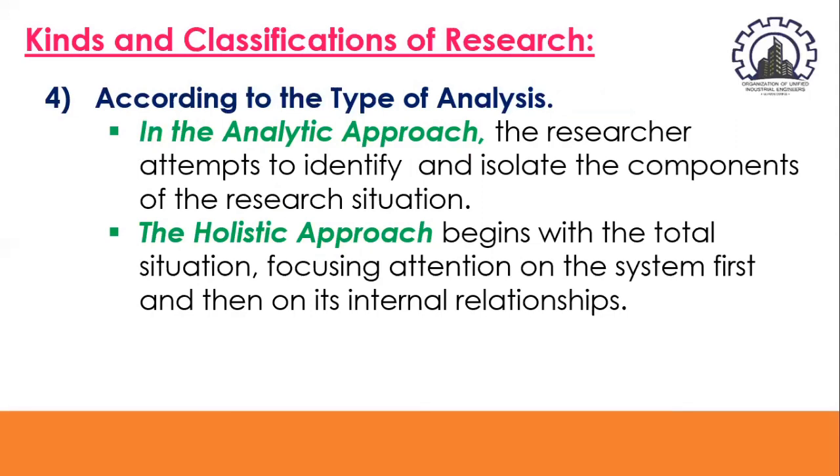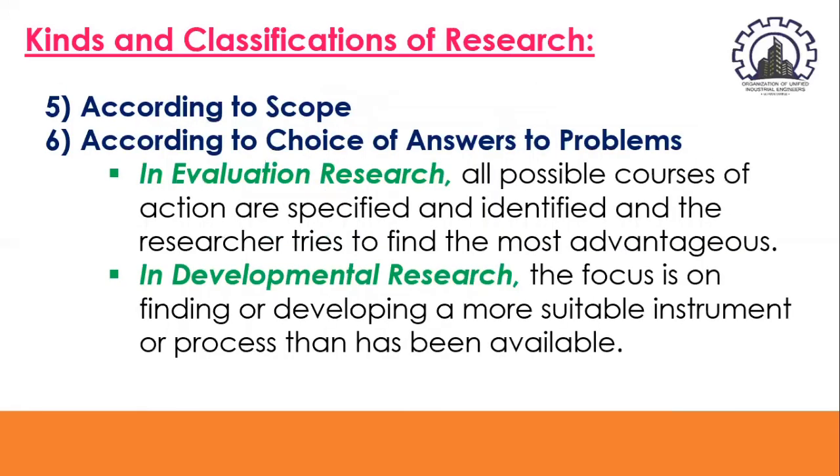On the other hand, in the holistic approach, he begins with a total situation, focusing attention on the system first and then on its internal relationships. And also we have according to scope. Under this category is action research.